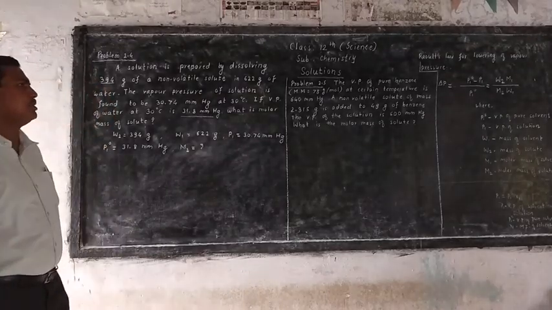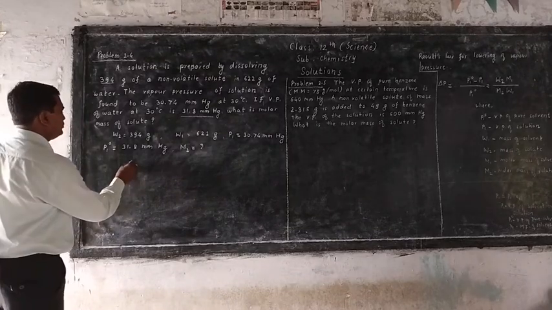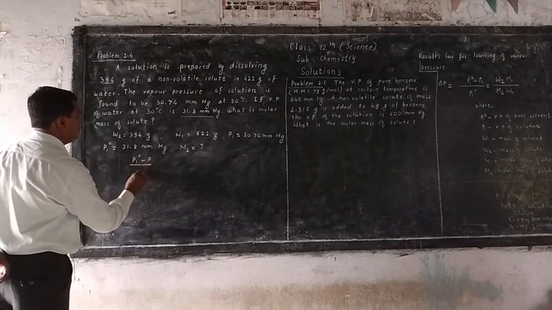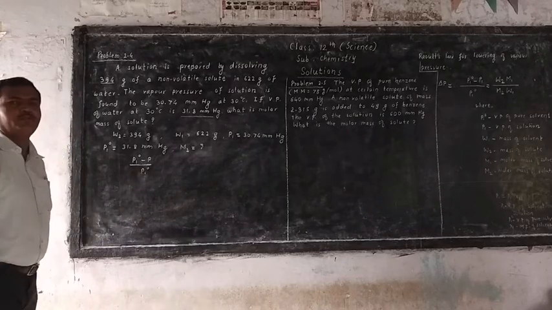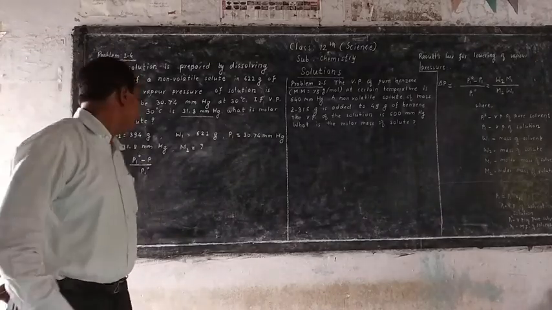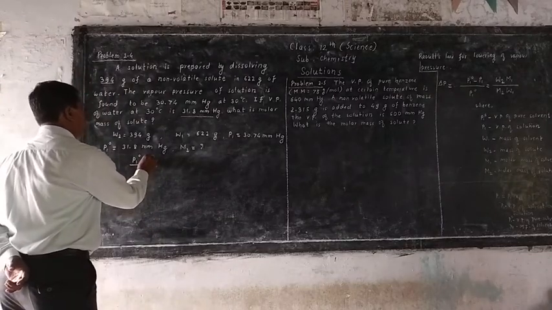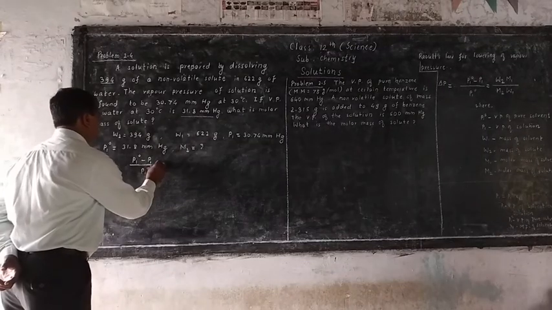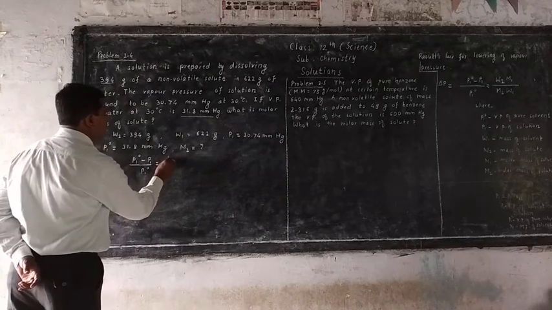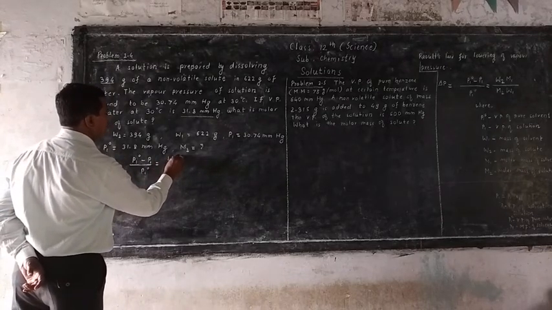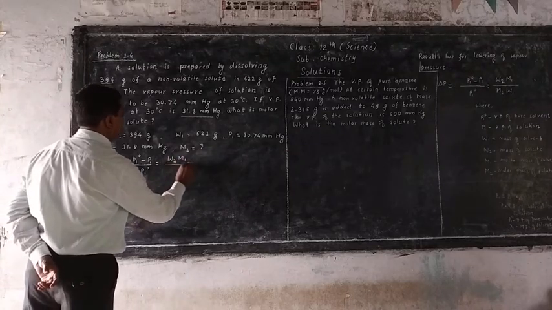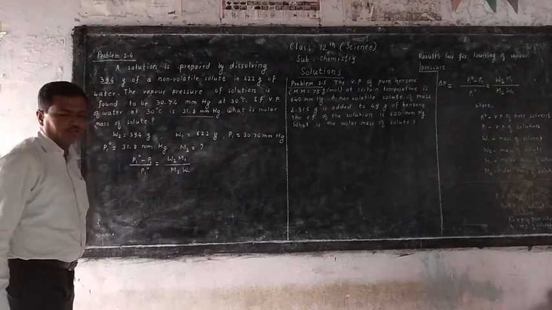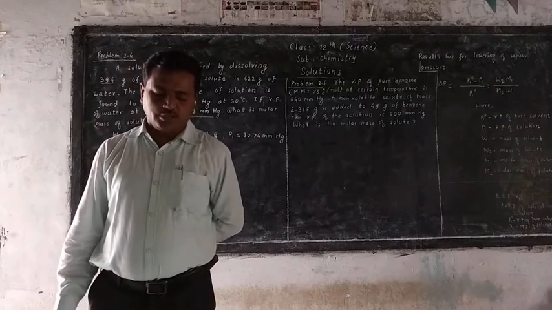We know that from Raoult's law we have a formula: P10 minus P1 upon P10 is equal to W2 into M1 upon M2 into W1. So substitute values from data.